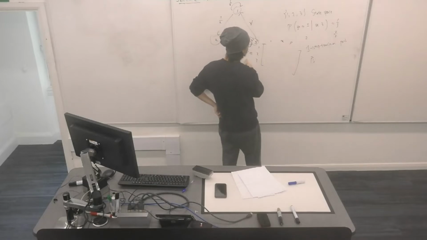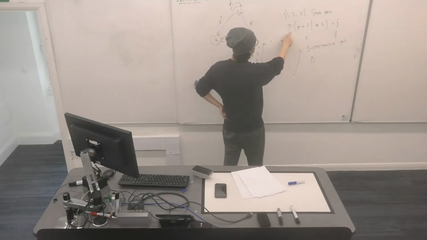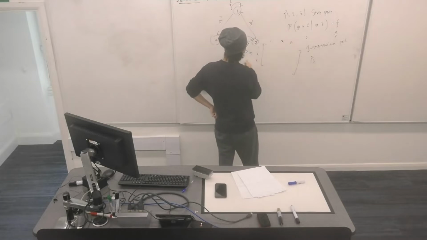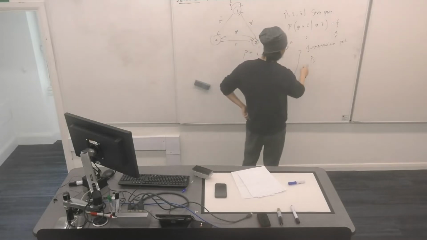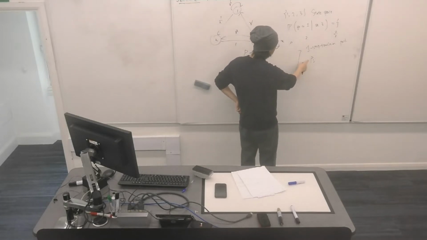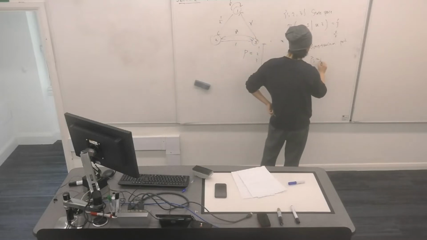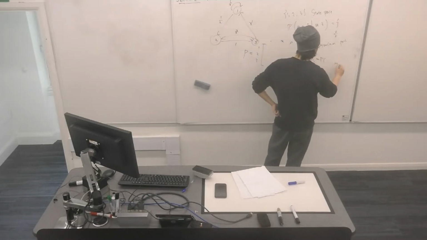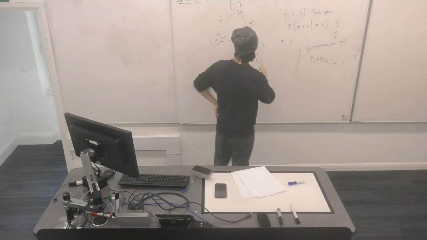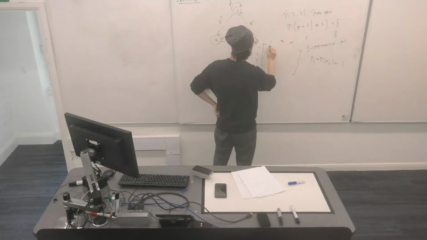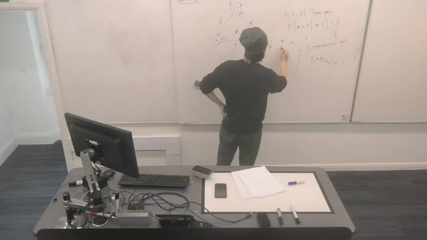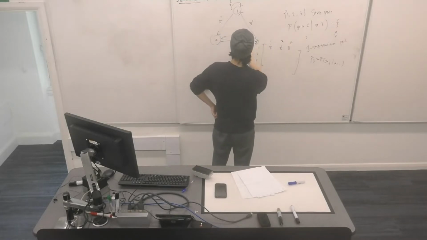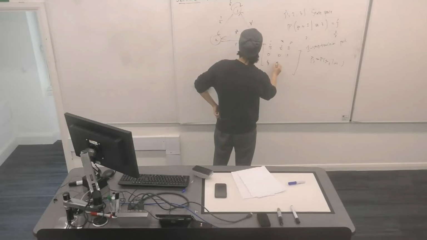This is a capital P, and do not confuse this with the probability measure, just like probability. This is just a name for the transition matrix. So P_ij, the ij entry of this matrix, is defined to be the probability of, at i, going to j. So P11 will be half, P12 will be half, P13 is 0, P21 is 0, P22 is 0, and P23 is 1, P31 is 1/3, P32 is 2/3, and P33 is 0.